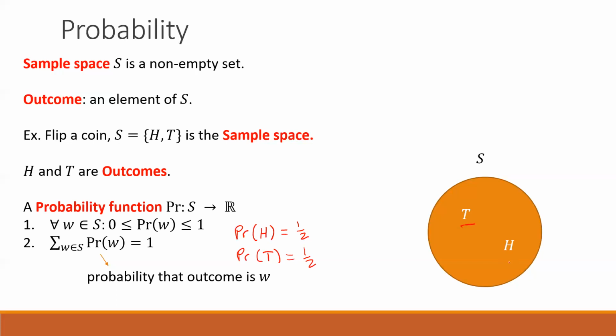And if I add up the probability functions of every element in my sample space, well, I get probability of heads plus probability of tails equals 1, right? So all the events must sum up to 1, all the probabilities of each event.